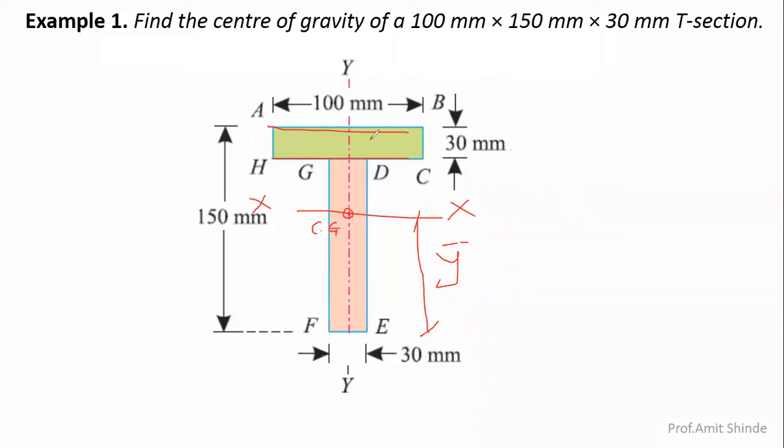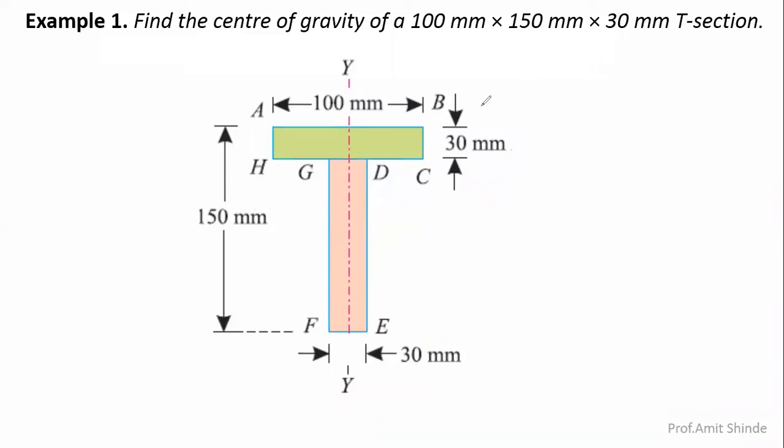To find this, we have divided this T shape into two symmetrical geometries: first a rectangle, and the second another rectangle. This green one is the first rectangle, and this pink is the other rectangle. Let us say this one is the area A1 and this one is the area number 2.